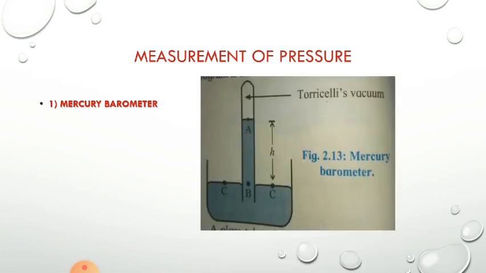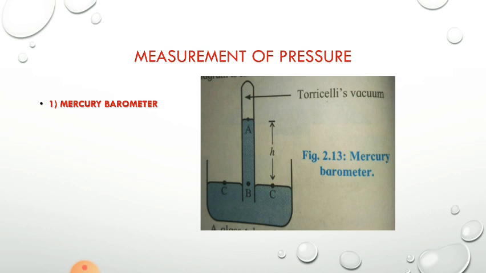As shown in figure 2.13 in your textbook, the mercury barometer looks like this. It is an instrument that measures atmospheric pressure. One of the first barometers was made by an Italian scientist, Torricelli.